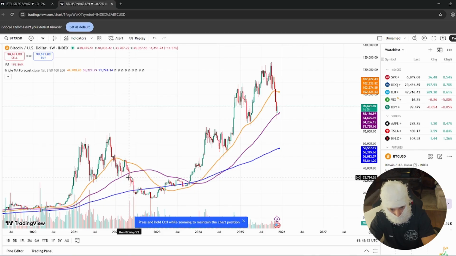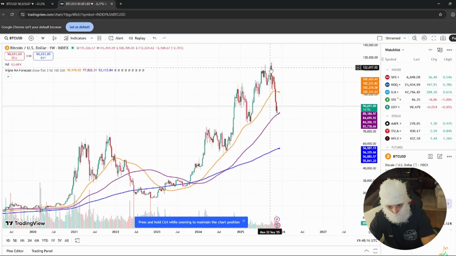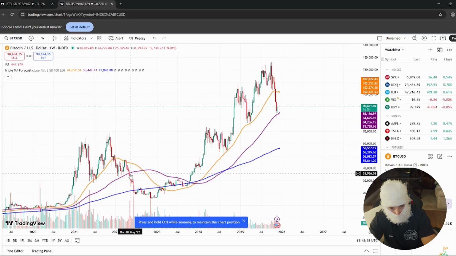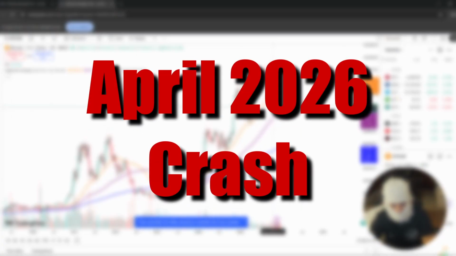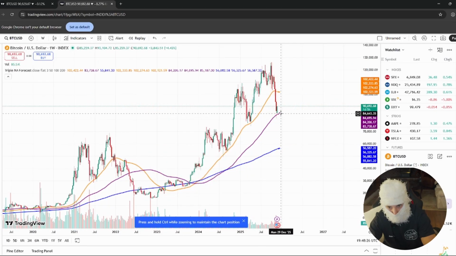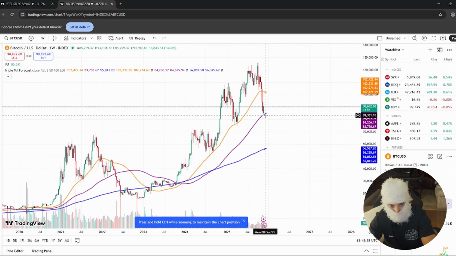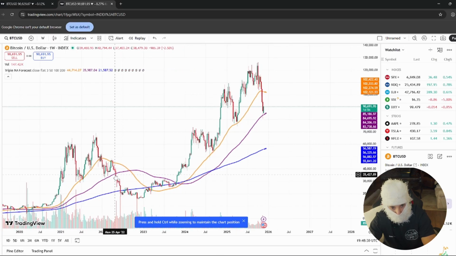So basically what I'm thinking is that right now, we're probably gonna be crashing here in April. So next April 2026, I think we're gonna crash below the 100-week moving average. And once we break that, the purple line, we just tank.